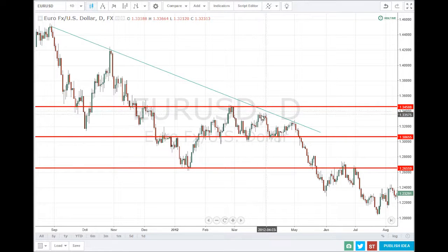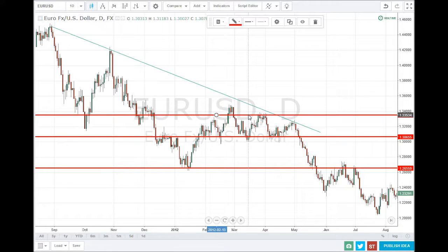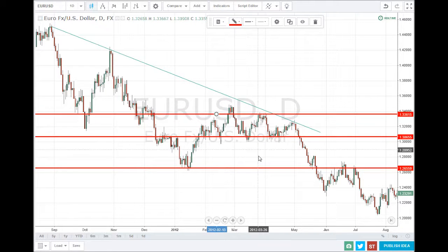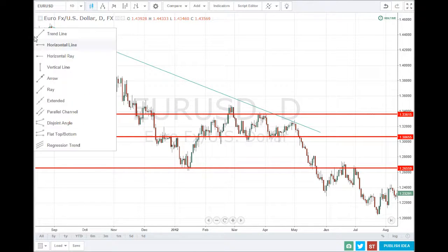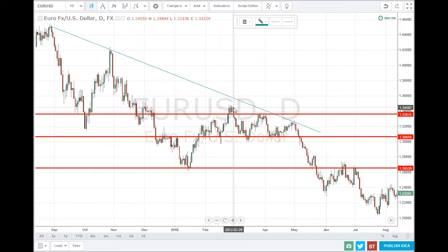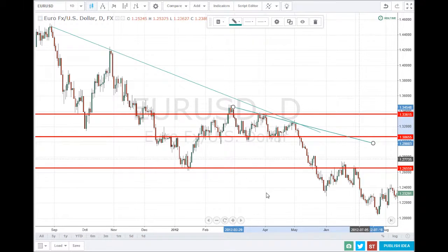We can mark our new resistance, and we also can use a channel resistance to link this high and this high. Like so.